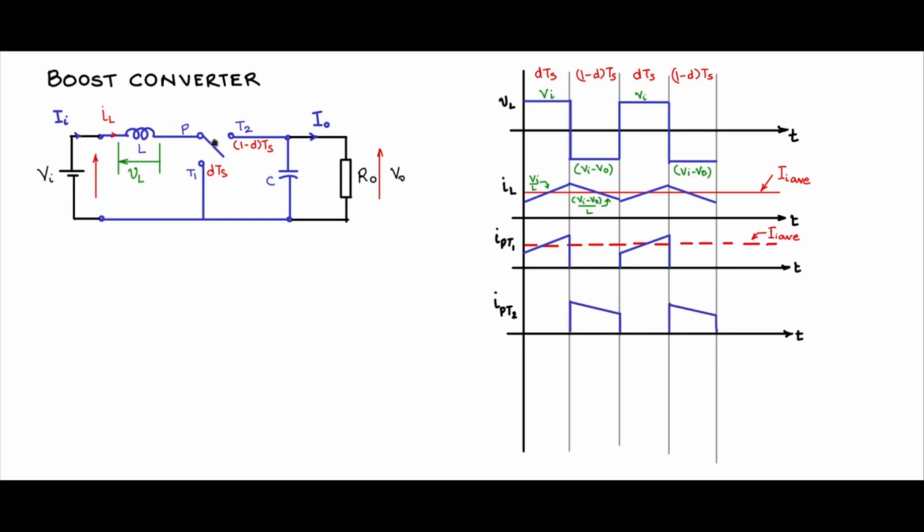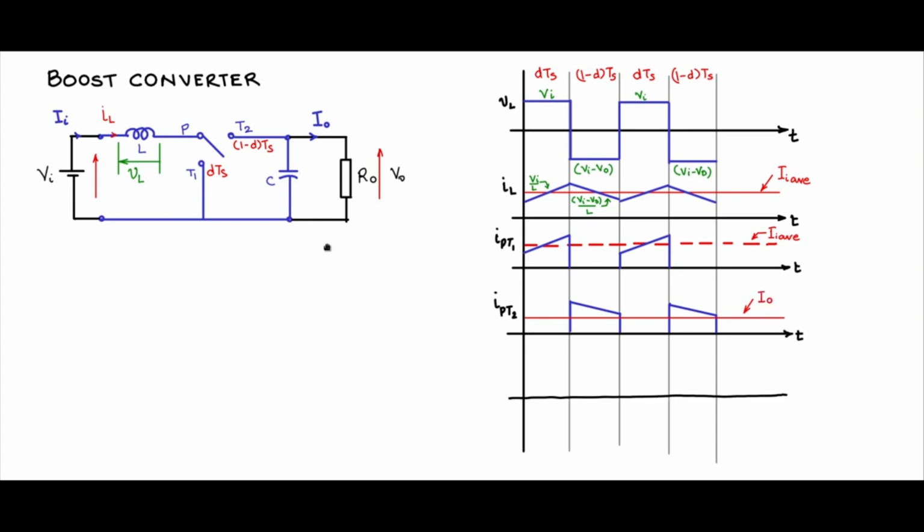So this is the current through this PT2. Now what is the average of the PT2? Average of the current through PT2 flows through capacitance and through the output load resistance. We know that the average of the current through the capacitor has to be 0. Therefore, the average has to be I naught. So average is I naught.